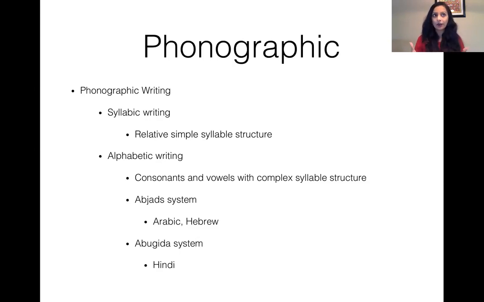So I grew up writing three different scripts: English, the Hindi Urdu Abugida system, and my Malayalam script, which is completely different and not mutually interchangeable with Hindi. So there are different kinds of scripts.